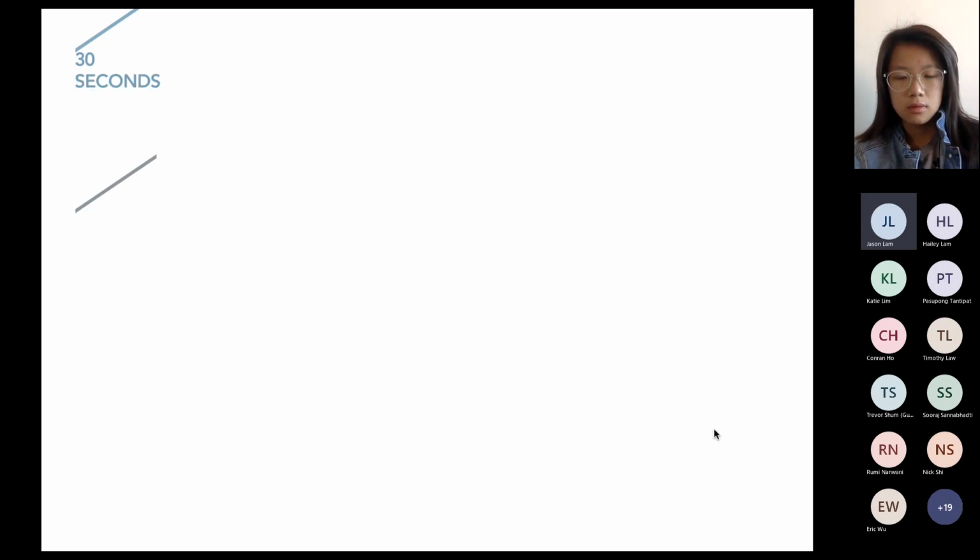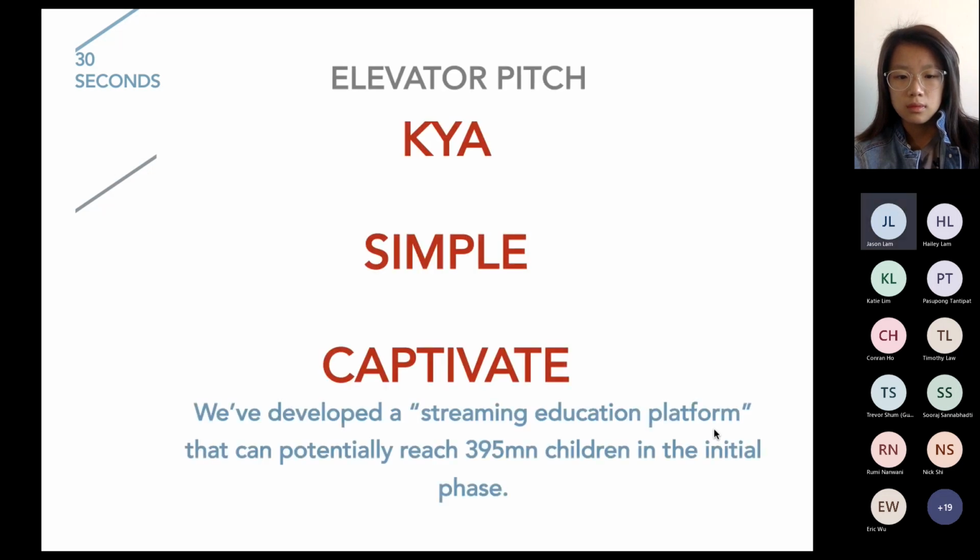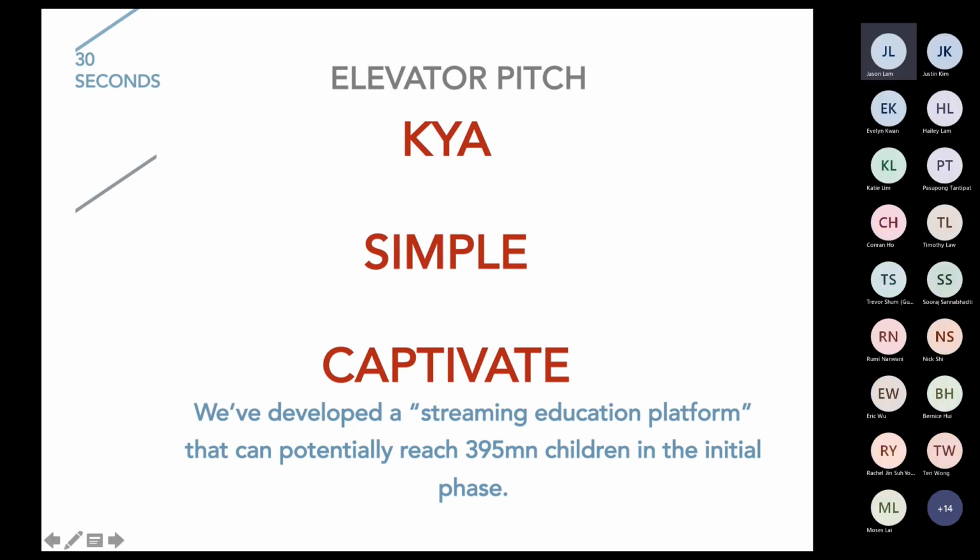What is 30 seconds? This is the elevator pitch. A lot of people, when they think about how to pitch an idea, always think about building up to the solution, the crescendo.